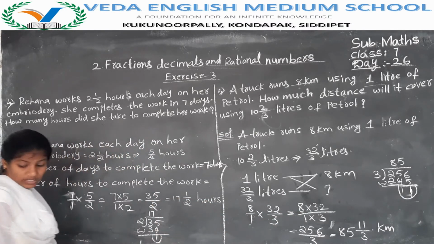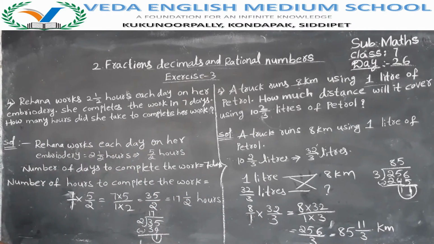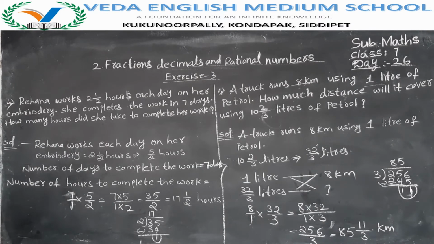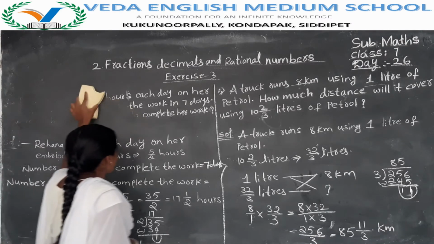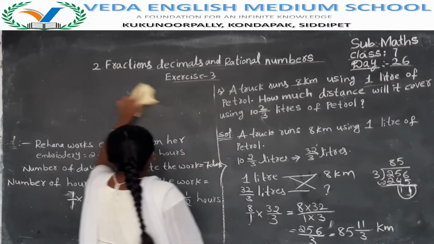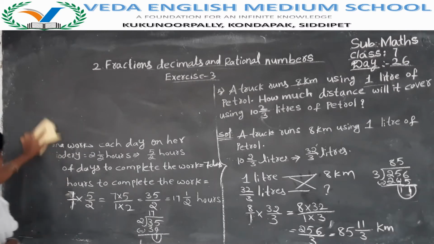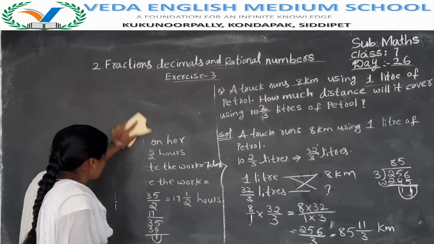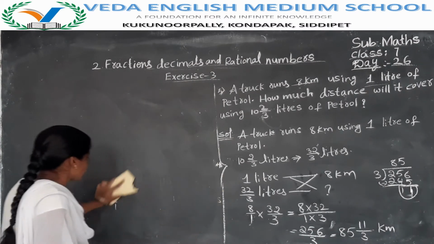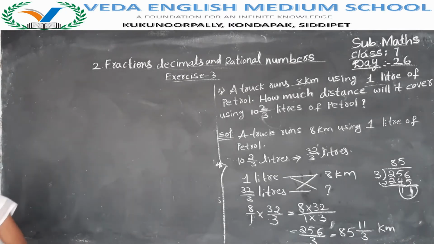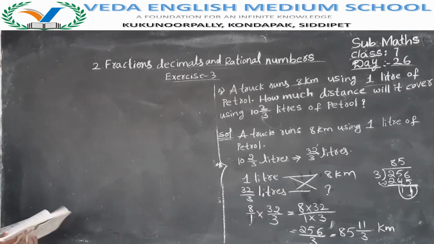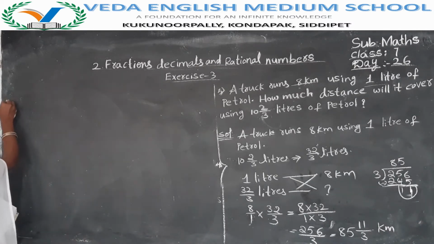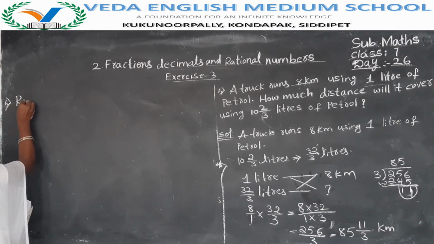Understand? First one and fourth one and fifth one. Next, sixth one. Sixth one is also a word problem. Sixth question is, Raja walks 1 into 1 by 2 meters of distance in 1 second.